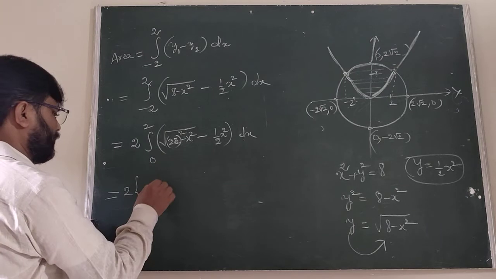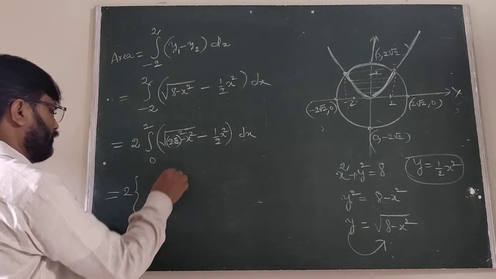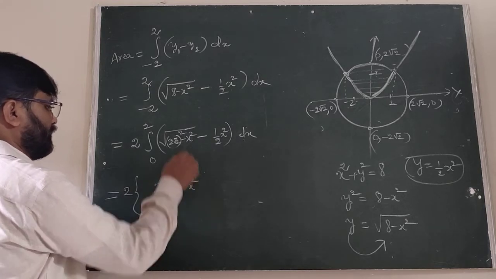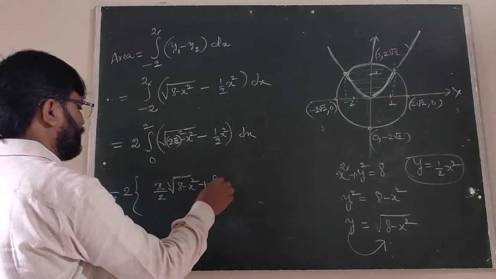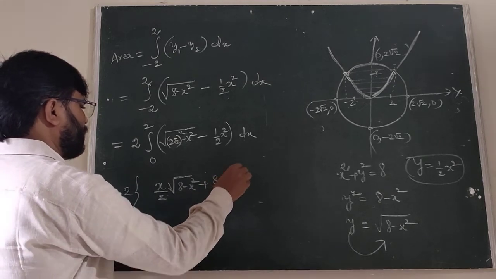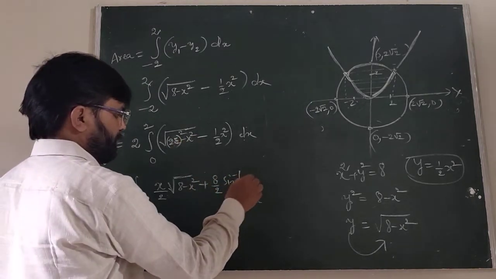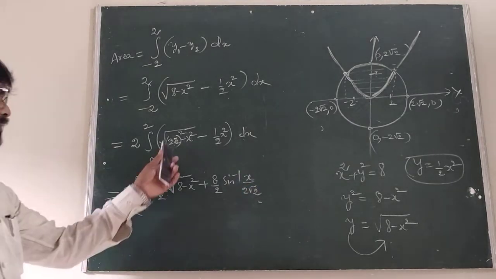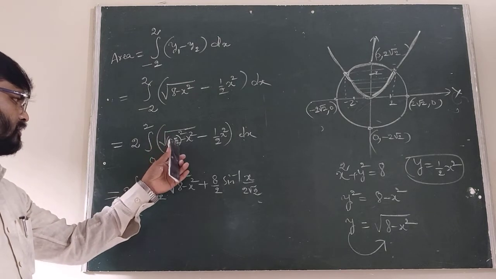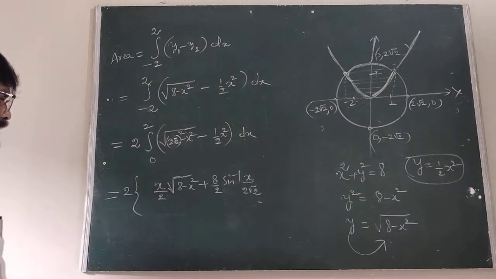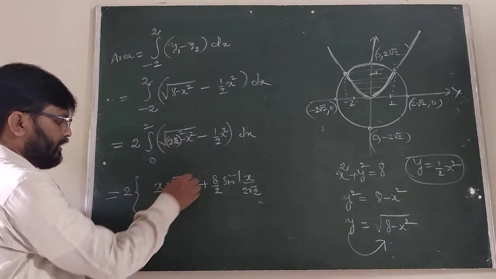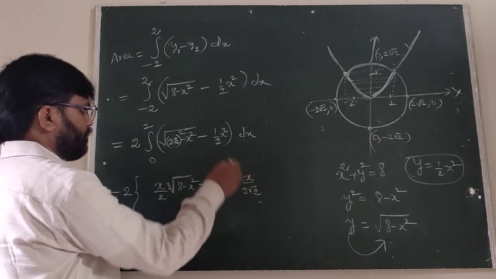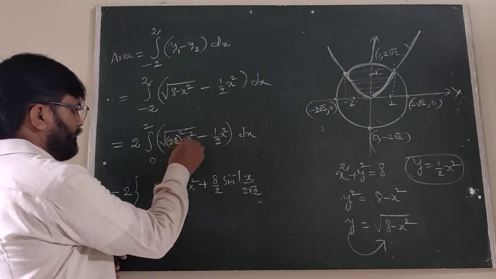We can apply the formula for the integral of root of a square minus x square, that is x by 2 into root of a square minus x square plus a square by 2 sin inverse of x by a. So this becomes x by 2 root of 8 minus x square plus 8 by 2 sin inverse of x by root 8.